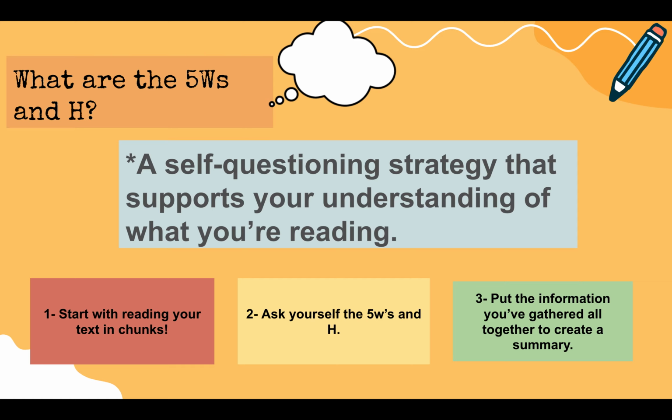Second, ask yourself the 5 W's and an H. And third, put the information you've gathered all together to create a summary. Creating summaries not only helps our teachers understand what you understand, but it also helps you put everything together in order to get a whole picture of what you just read.